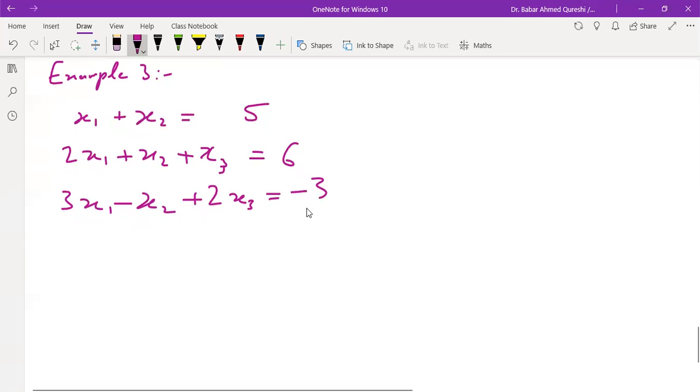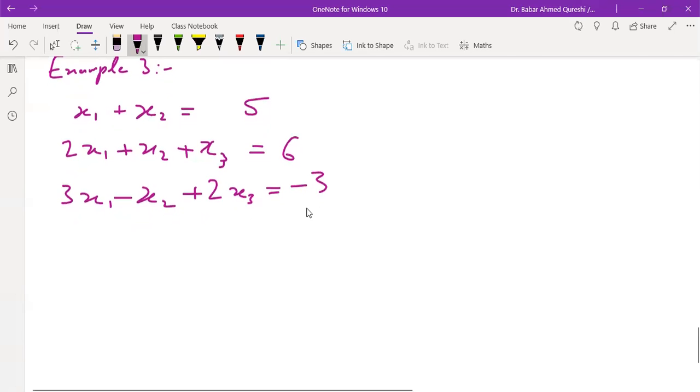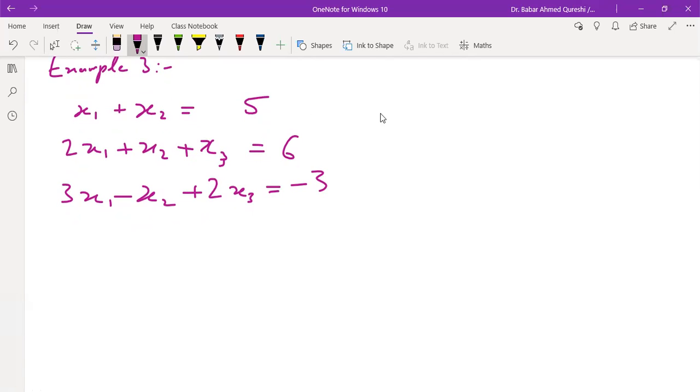Now I want to write it as a matrix equation like we did last time. So that means I think of it as one object, the numbers over here. So I will have this kind of a vector on the right hand side, a column vector. 5, 6, minus 3.